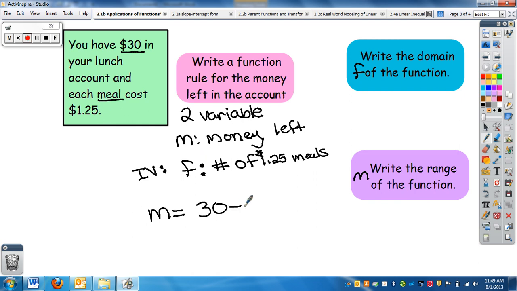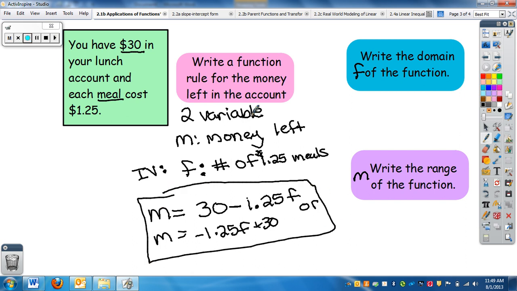They take away $1.25. And then that is per meal, and remember, per refers to multiplication. F. You could write this one as negative $1.25 F plus 30 equals M. I do not care which way you write.